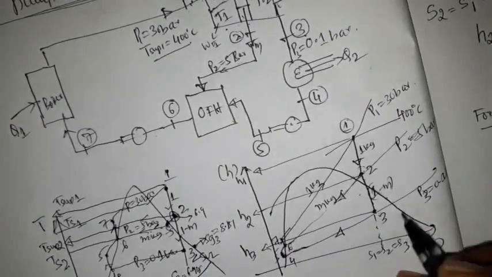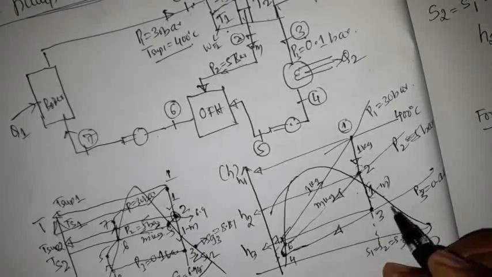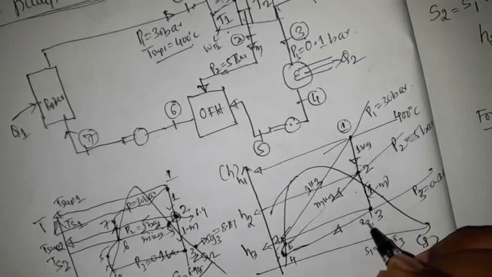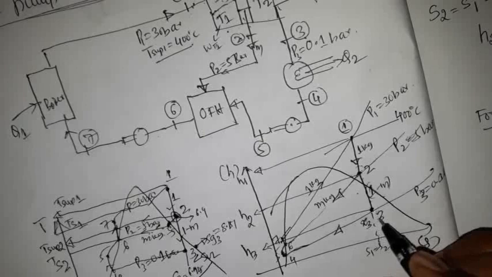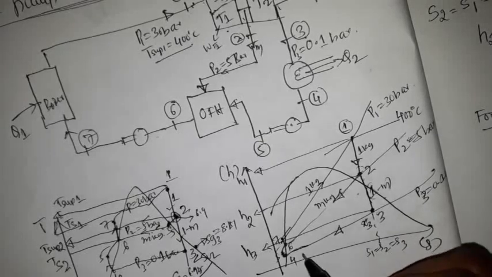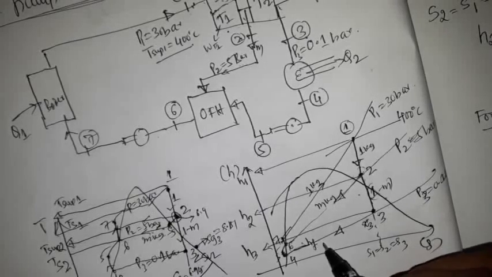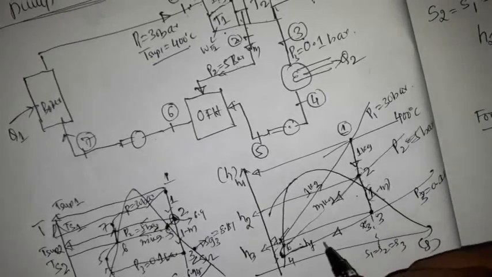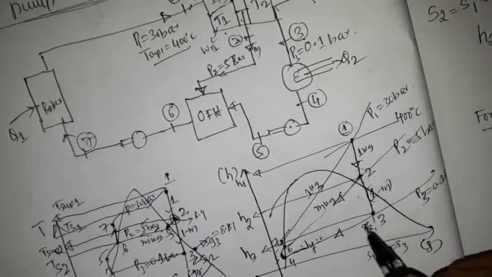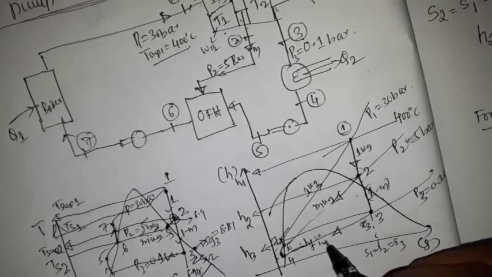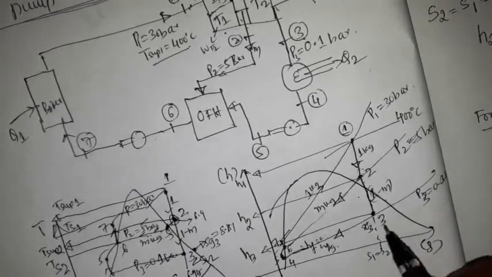Once we know state 3 is in the wet region, I have the dryness fraction X3 here, and we have HF at 0.1 bar pressure, and we have HFG values at 0.1 bar pressure.